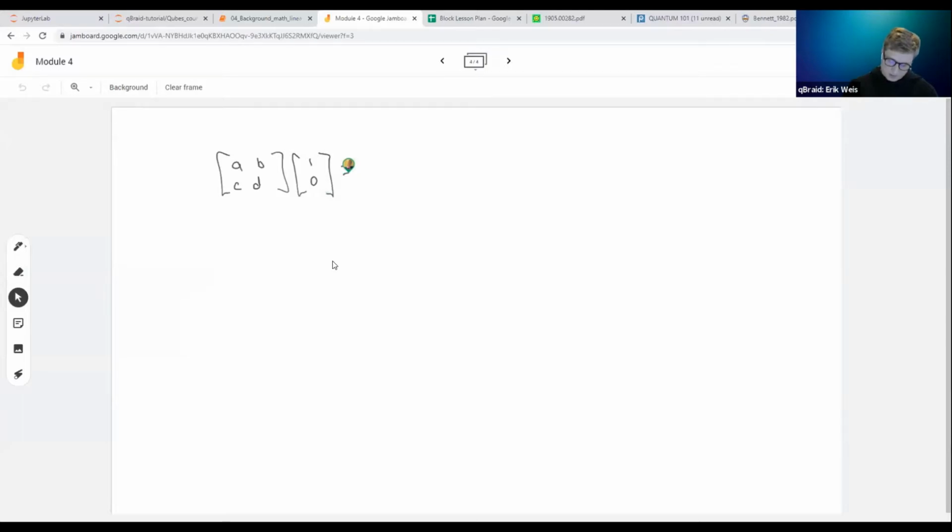What we're going to do is break this up into 2 inner products, and we'll do it both ways. So we have A and B, and 1 and 0. Then we have C and D, and 1 and 0.